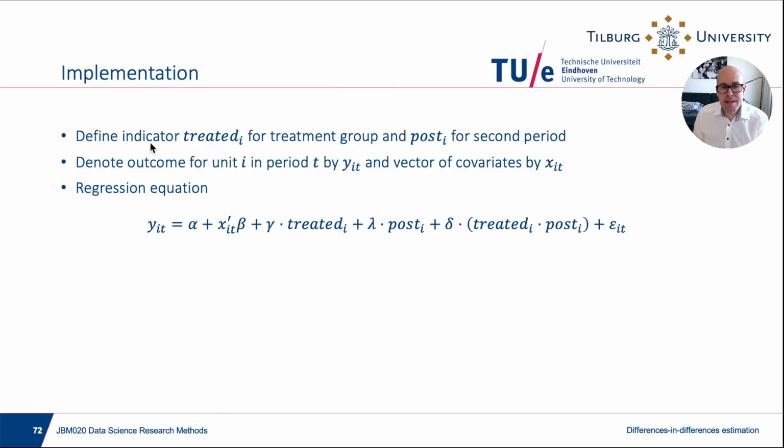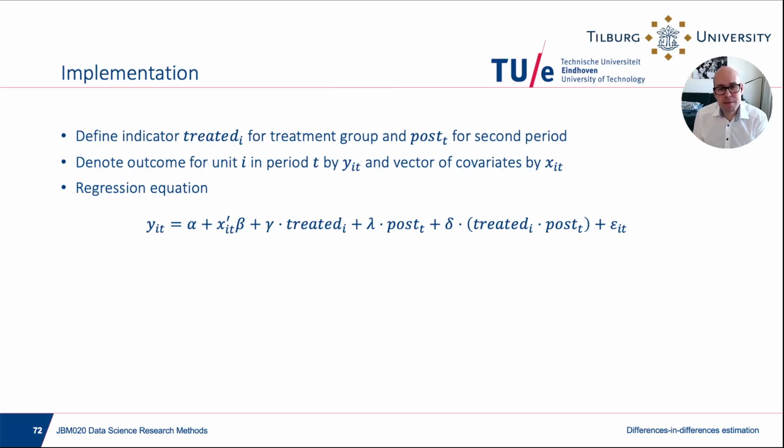We define an indicator treated_i for individual i if that individual is treated in the second time period. Next we define a dummy post_t that takes on the value 1 for the second period.